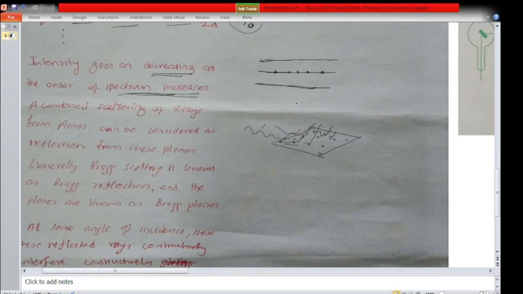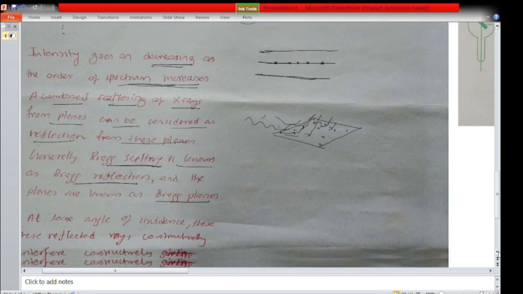So what we have explained here is that a combined scattering of X-rays from planes can be considered as a reflection from these planes. Because of this reason, Bragg scattering is also known as Bragg reflection, and the planes are known as Bragg planes. These crystal planes are called Bragg planes.